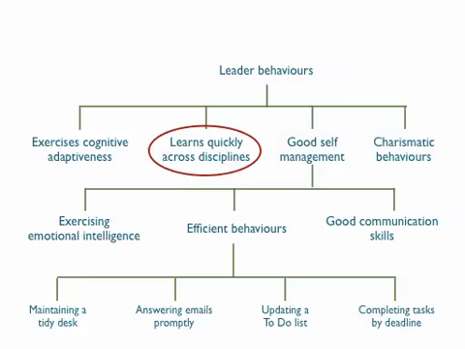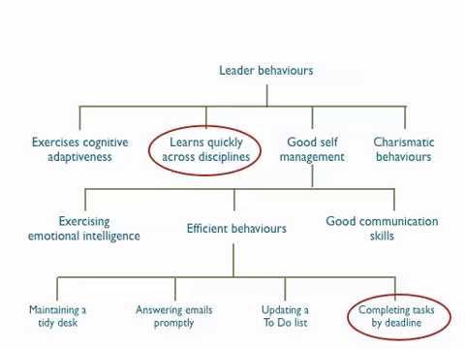Let's suppose that the other thing that stands out in the observations is that the leader dependably and regularly completes tasks by given deadlines. Now, human beings are interesting creatures in that they often see two things occurring, and they'll make a connection between them even when that connection is not valid.